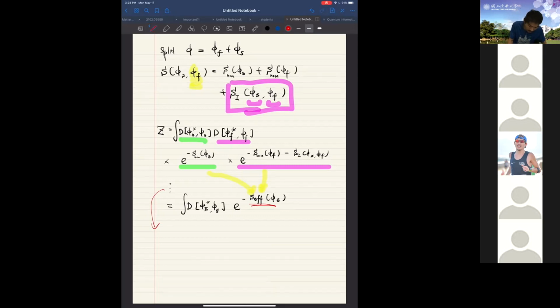So this part contains the non-interacting part, which will just be absorbed, and the other part comes from integrating out the fast modes, which we write down explicitly here.